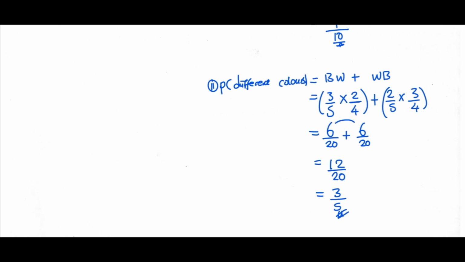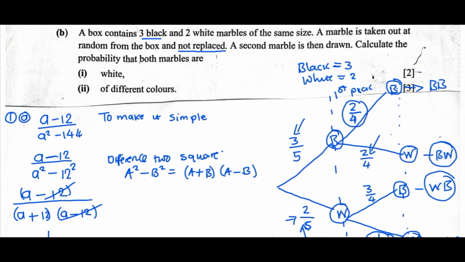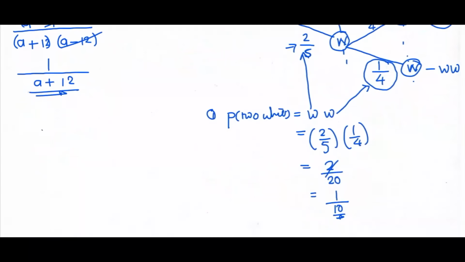And also you can find this probability by first finding the probability of picking two balls of the same color. So the first one is BB. BB is 3 over 5 times 2 over 4. So let's try this.